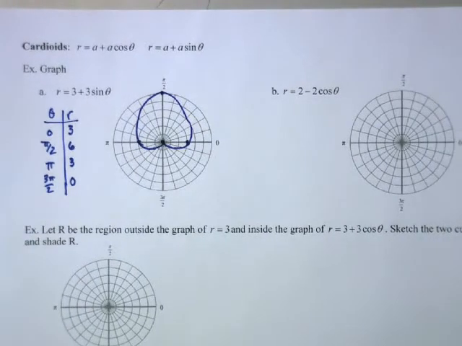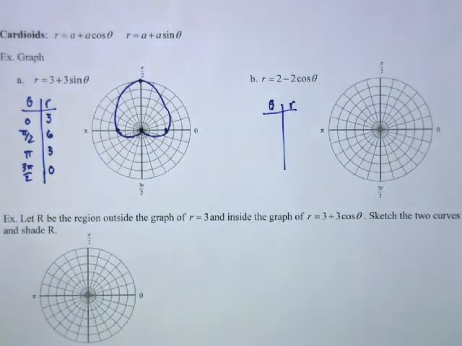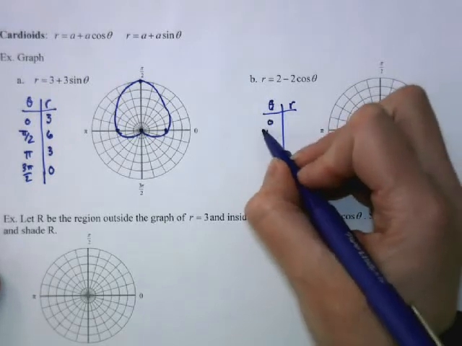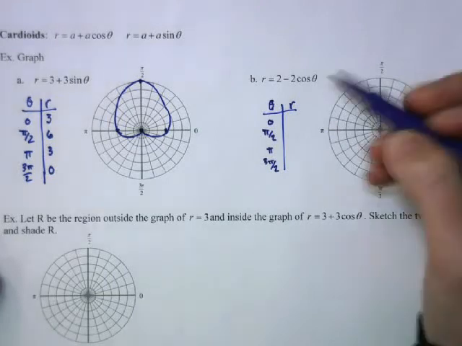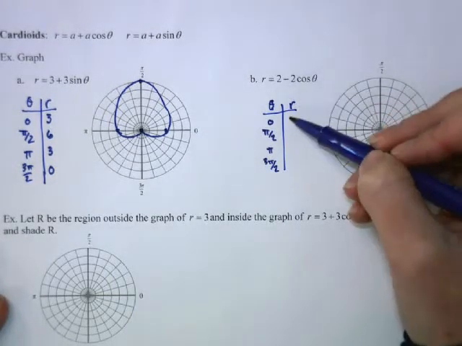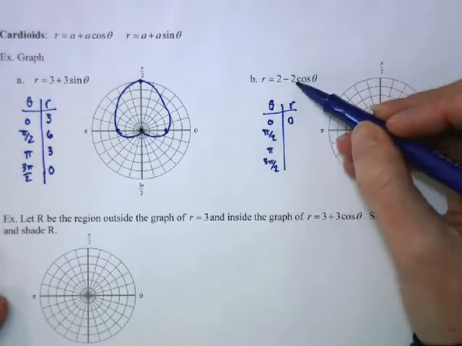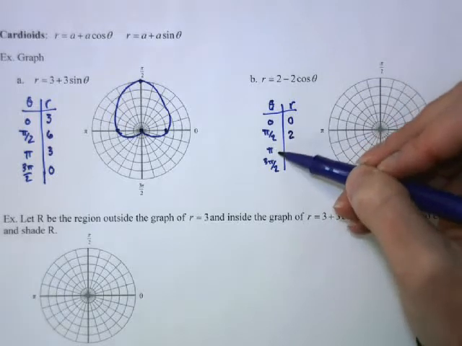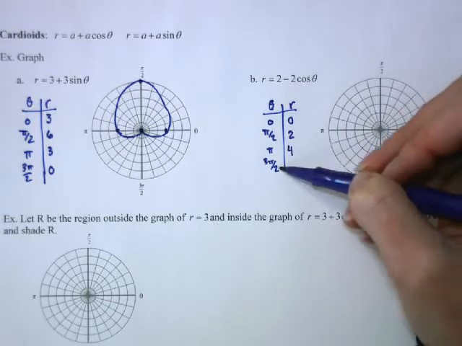Okay, I want you to try to do this one by hand, and yes, we've already done it, but try this one. So we'll plug in 0, pi over 2, pi, 3 pi over 2. Cosine of 0 is 1, so we get 2 minus 2, which is 0. Cosine of pi over 2 is 0, so 2 minus 0 is 2. Cosine of pi is negative 1, so this will be a 4.